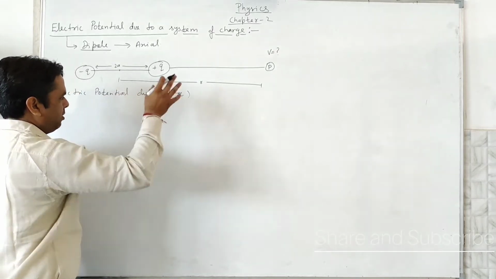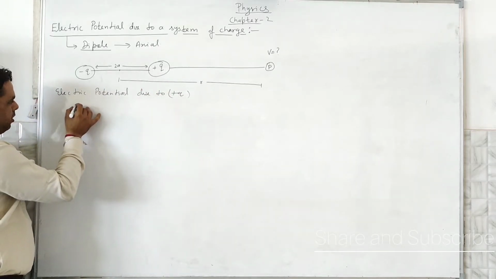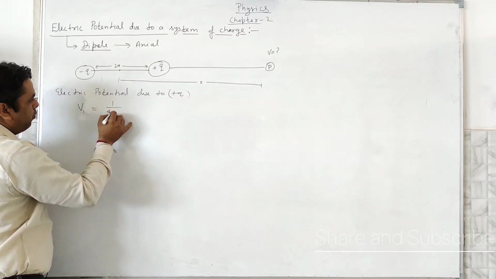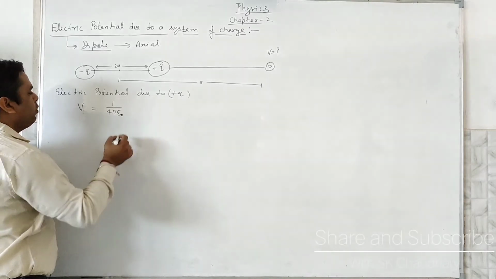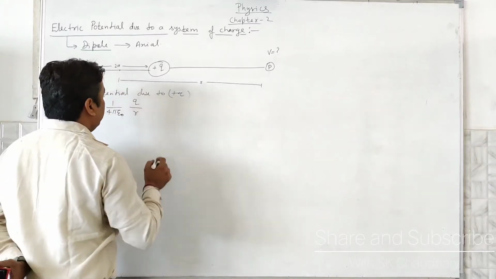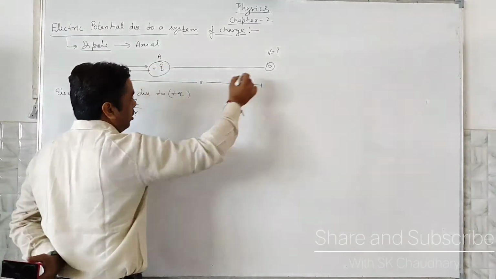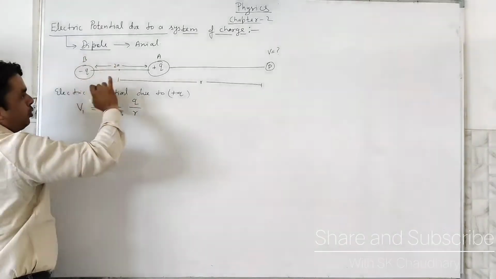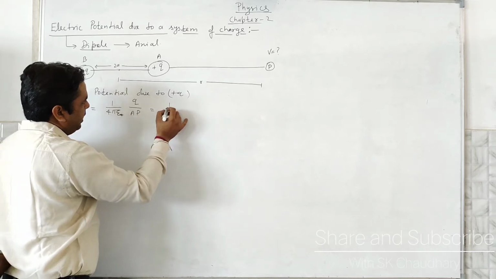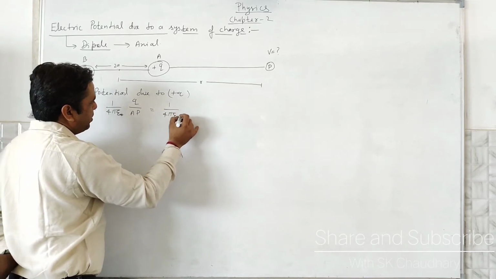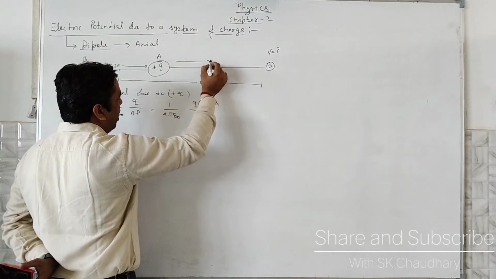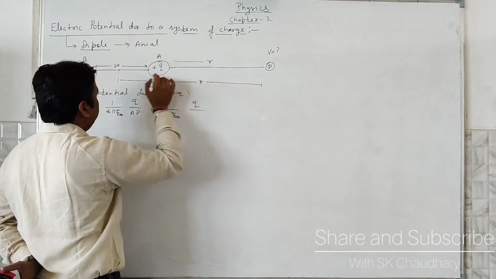So what electric potential will be at point P due to this positive charge? We will see that V1 will be 1 upon 4 pi epsilon naught, as we know, times Q upon R. In this case our distance is calculated from point A to point B and from point B to point P, so that R will become A to P. So we can write 4 pi epsilon naught, Q upon, in place of AP, R, which is the total distance, and then we subtract this one.